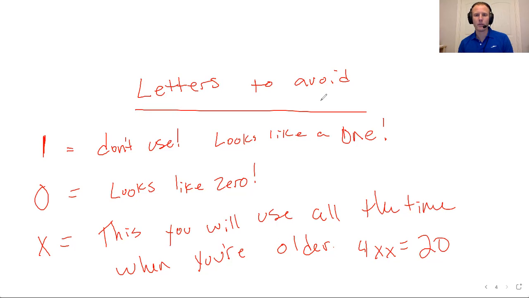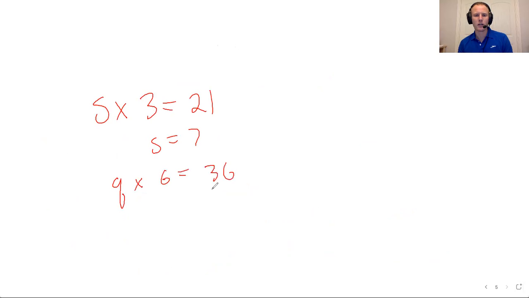Like you can write S times 3 equals 21, S equals 7. You can write Q times 6 equals 36, Q equals 6. All those will work too, like any other letter you can think of, just not those 3 that I just talked to you about.